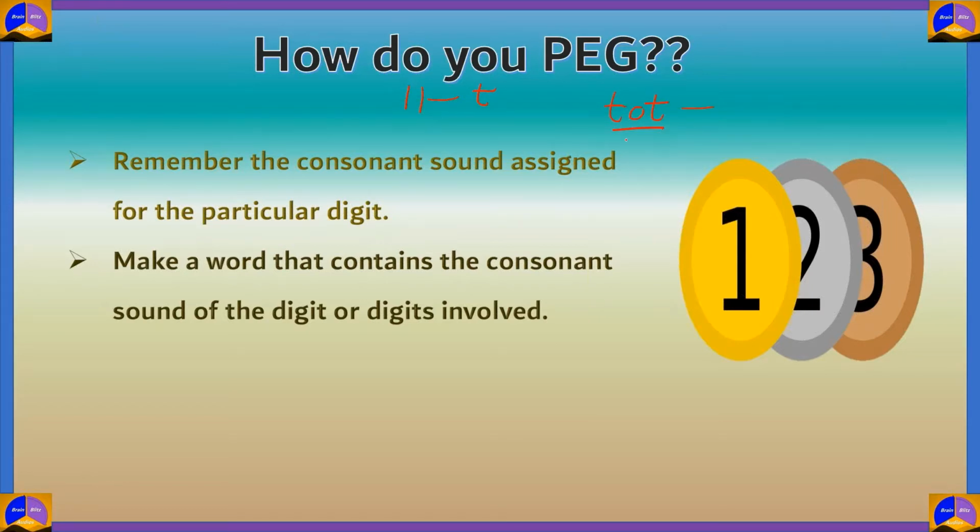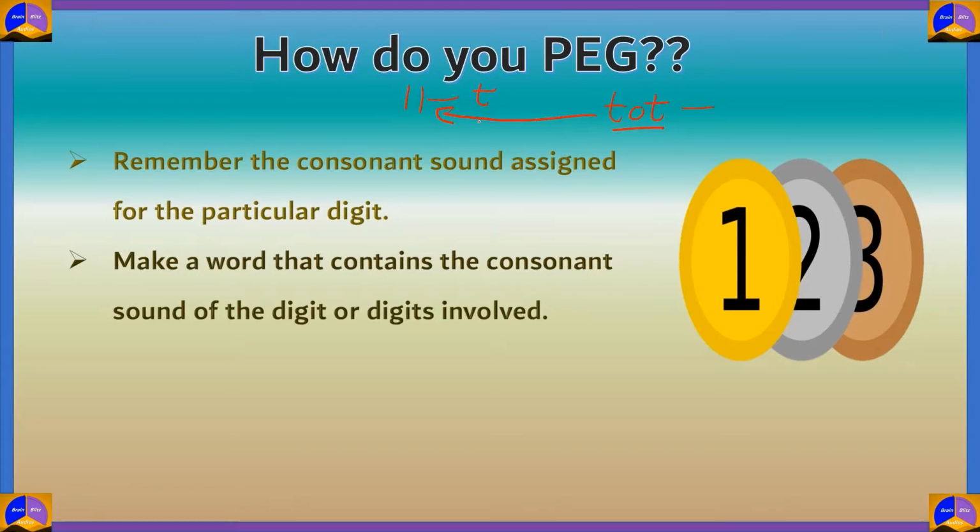So the word taught would represent the number 11 because it has the t sound 2 times, and that represents to you the number 11. So you have to make the peg words which contain the consonant sound inside them.